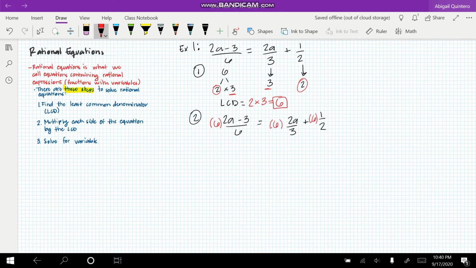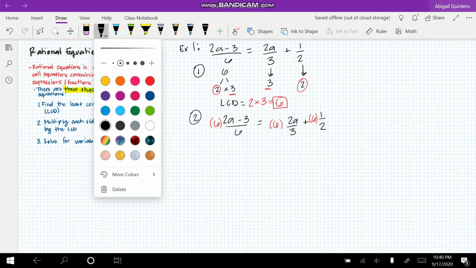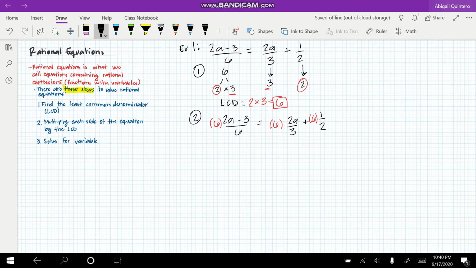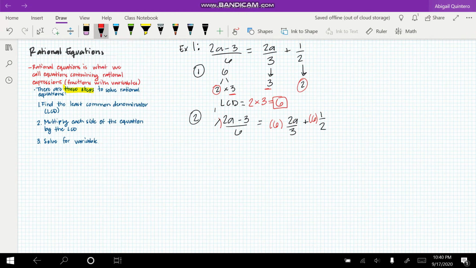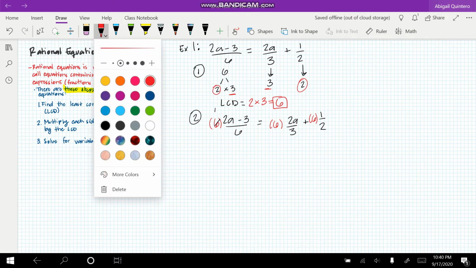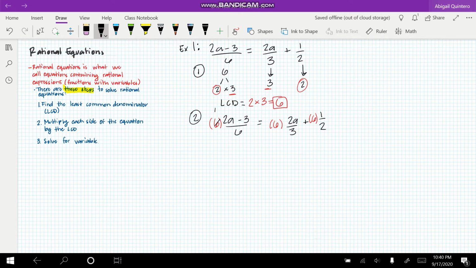Now, we want to reduce the denominator in the bottom with that 6 that we're multiplying, right? So for instance, here we have 6 over 6. That is actually going to give us 1 because they can both be reduced by 6, right? So 6 goes into 6 one time, and the 6 on the bottom goes into 6 one time as well.